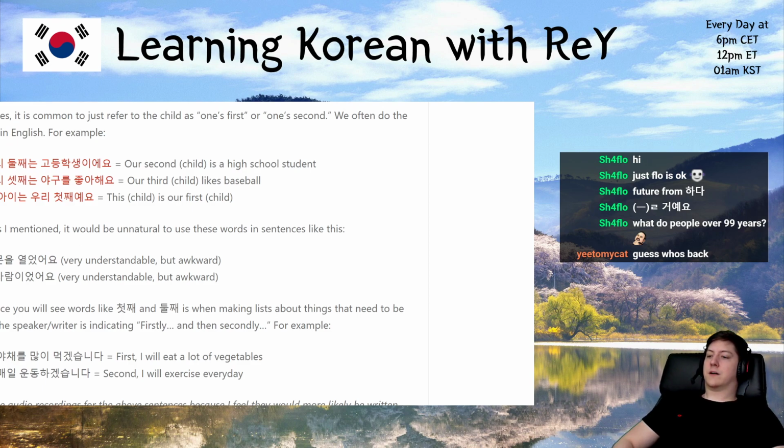Okay, however, as I mentioned, it would be unnatural to use these words in a sentence like this. I opened the third door.